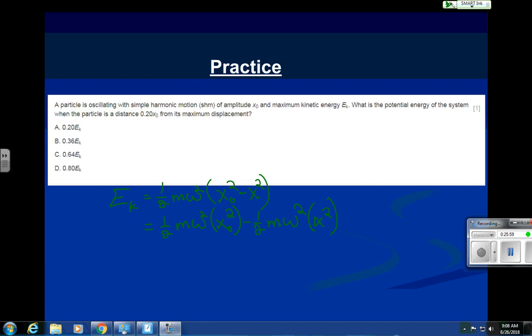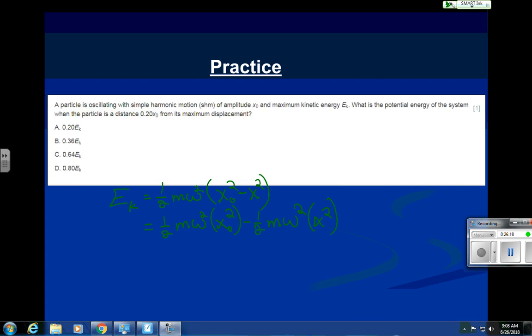It says when it's 0.2 times the amplitude from its maximum displacement. So that's the same thing as saying it has a displacement of 0.8 times its amplitude, right? It's 0.2 from the maximum, which means it's 0.8 from equilibrium.